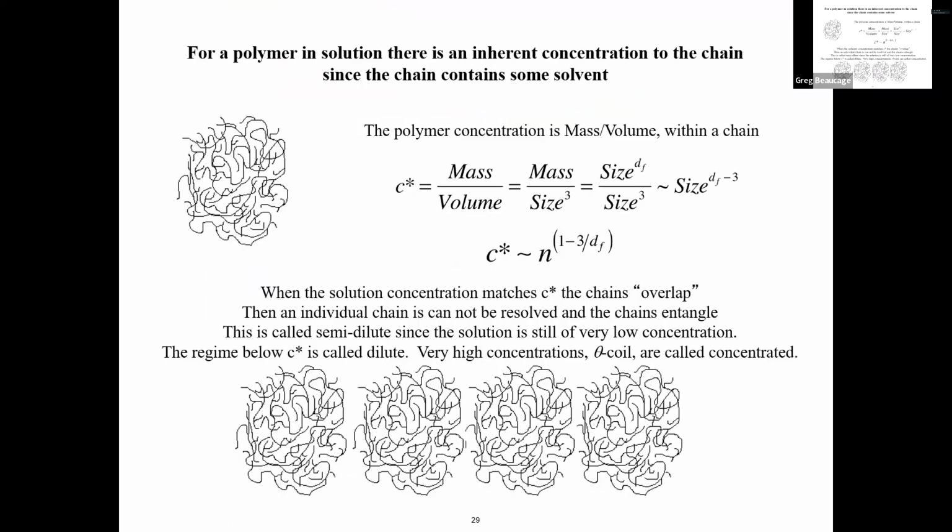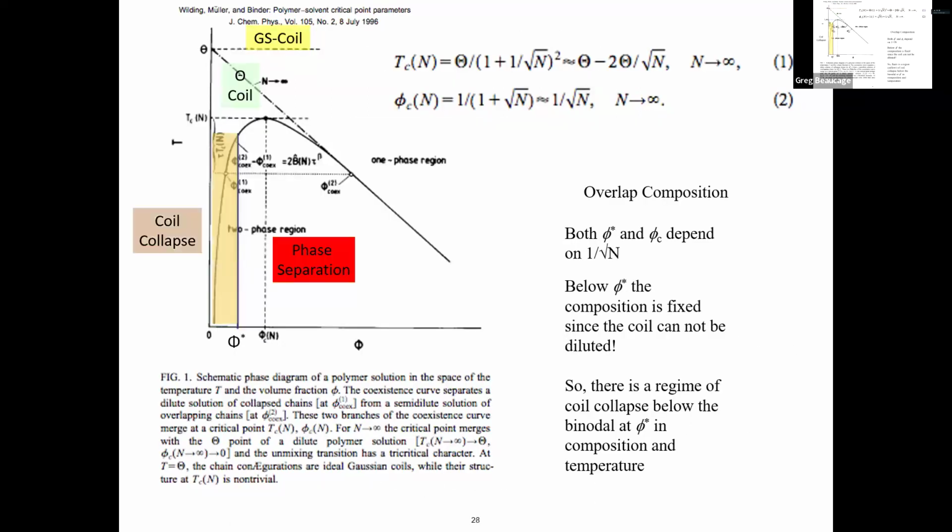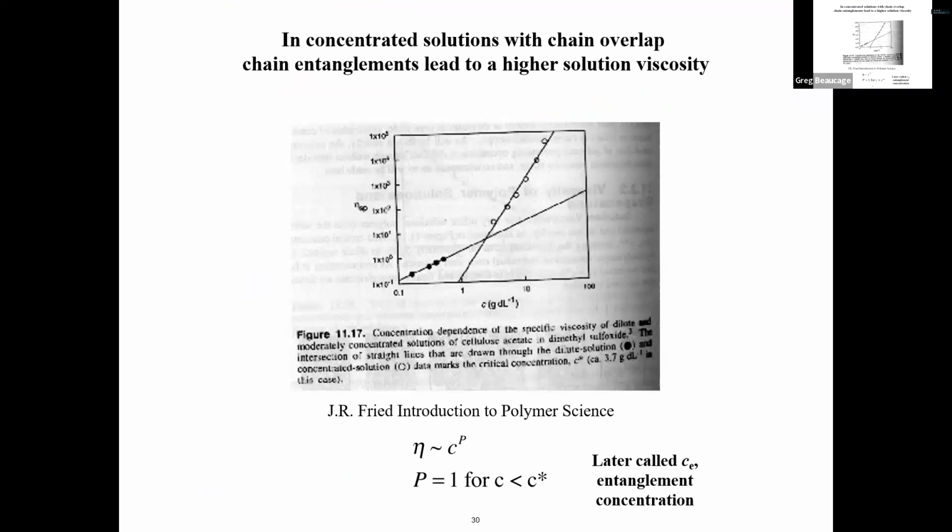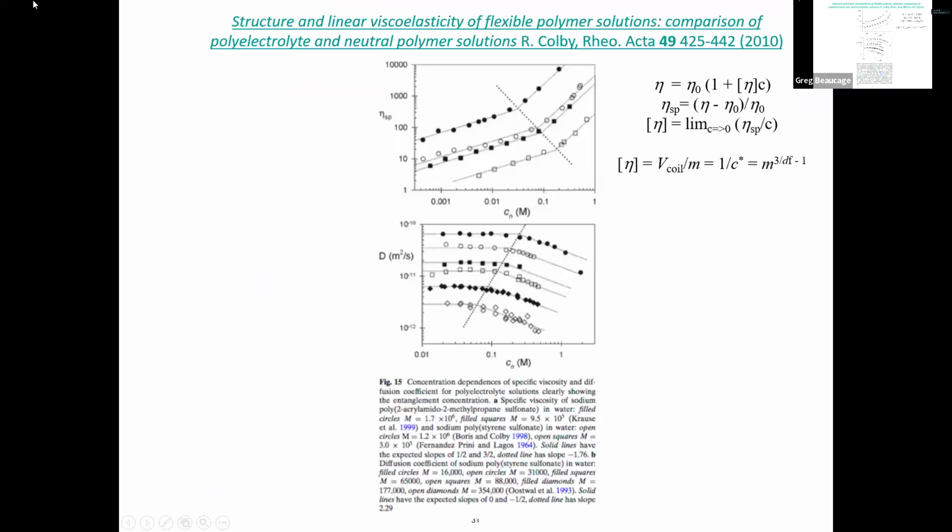All right, so that's one thing, and then there's another issue here. If you look at the specific viscosity, put that in here somewhere. You measure the viscosity of a polymer solution, right? But when you get down to low concentration, it's almost all solvent, so you have the viscosity of the solvent, and then this intrinsic viscosity, which is a number that says how much you enhance the solvent viscosity by adding in the polymer.